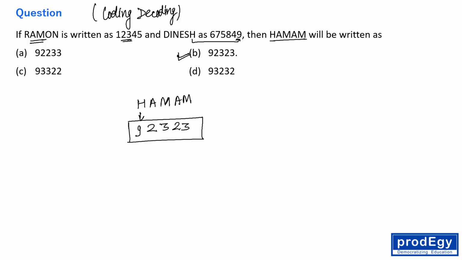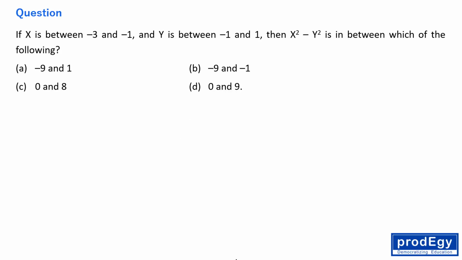Okay, let's talk about the next question. It talks about if x is between -3 and -1, so x lies between -3 and -1, and y is between -1 and 1.